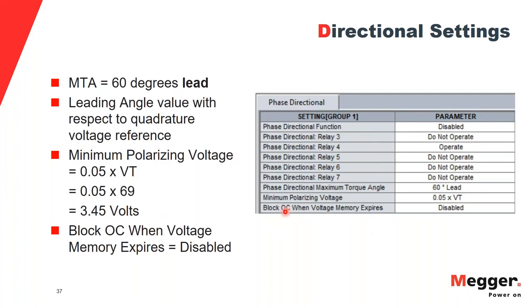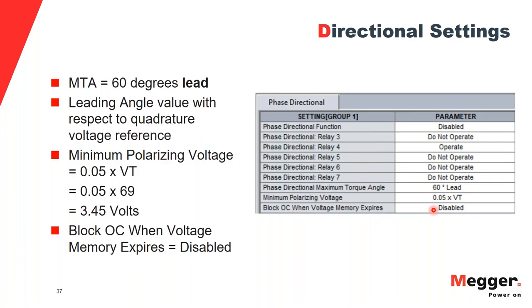This relay has a setting called block overcurrent when voltage memory expires, and it is set to disabled. It means that when that voltage memory I explained expires, do you want to block overcurrent or not?